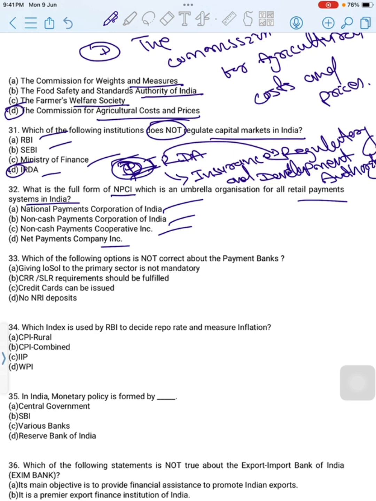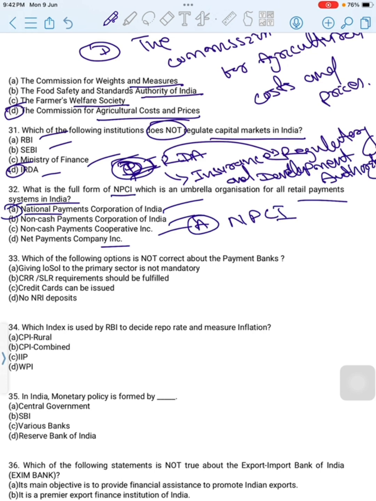Then the correct option is option A, National Payments Corporation of India. The National Payments Corporation of India is an umbrella organization for operating retail payments and settlement systems in India. Correct option is option A. Then move to the next question.